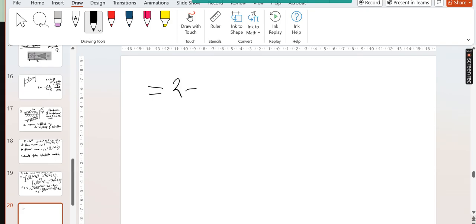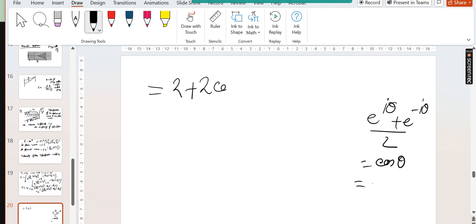That we can write as, so that is basically e to the i theta plus e to the minus i theta by 2 is equal to cos theta. So we can write that as 2 cos theta.